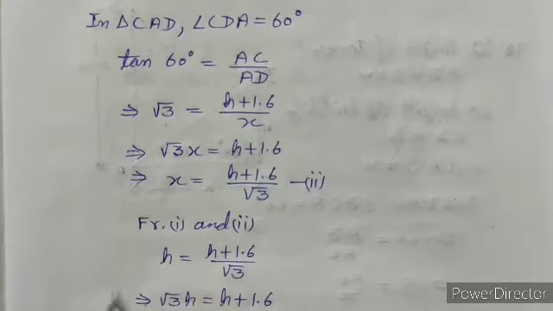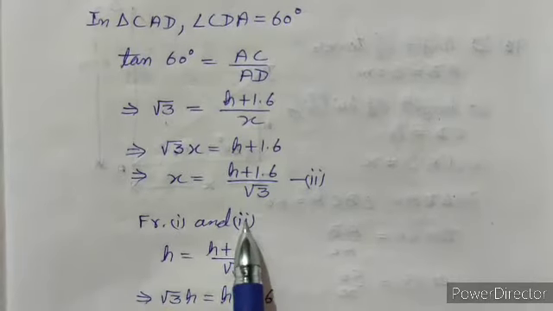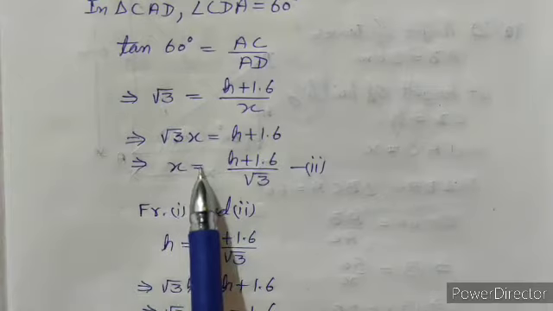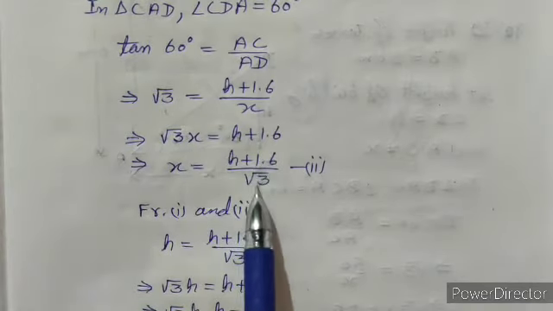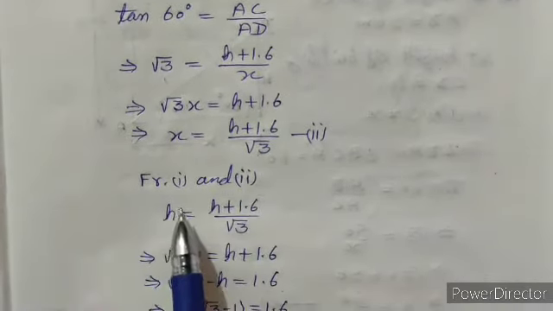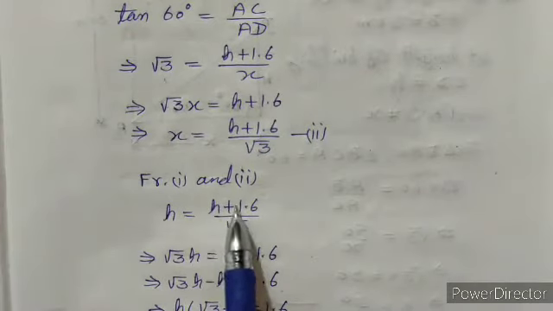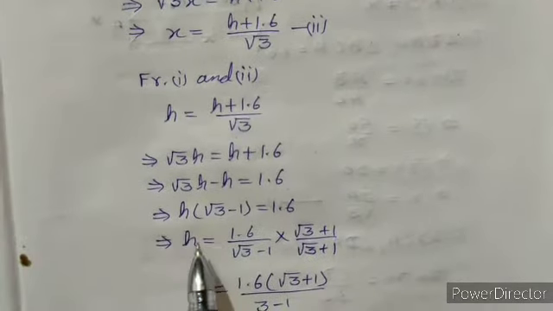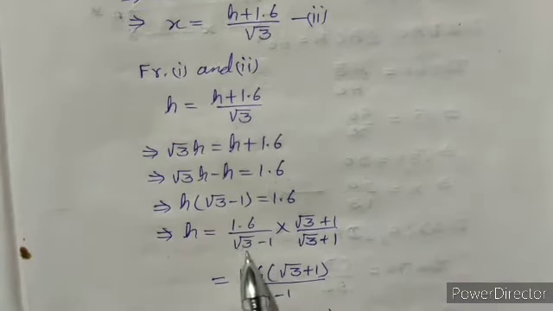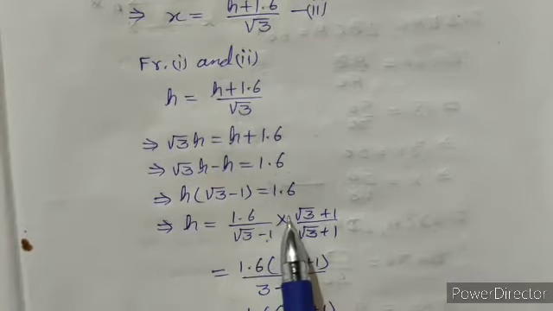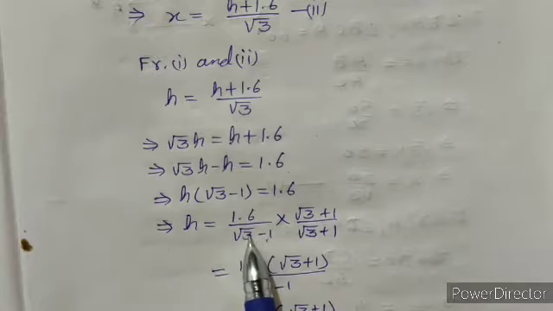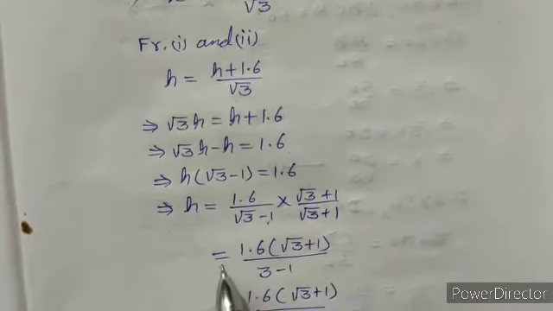Now from equation first and second: in equation first the value of x was h, and in equation second the value of x is h plus 1.6 upon root 3. So we can say that h is equal to h plus 1.6 upon root 3, and that will give us the value of h as 1.6 upon root 3 minus 1, which can be rationalized by multiplying the numerator and denominator by the conjugate of the denominator, that is root 3 plus 1.